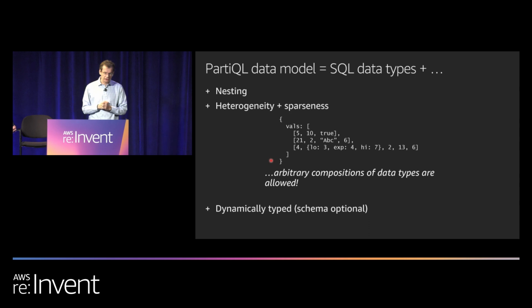So here we're basically saying, no, there's more than that. Number one, you may have nesting, right? That is, one attribute of a record may actually be itself an array, a bag, or be itself an object / tuple. Okay. What is the next important extension to SQL? Heterogeneity and sparseness.